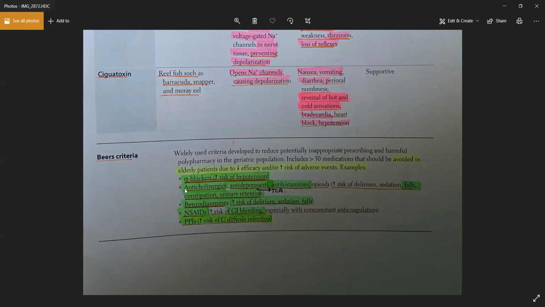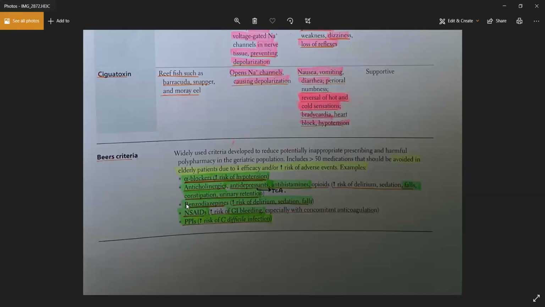So you always want to avoid the anticholinergic agents in the old age. Any agent which has an anticholinergic property, like the antihistamine agents, antidepressants like TCA, or the benzodiazepine drugs, you always need to avoid in an old age patient, right?